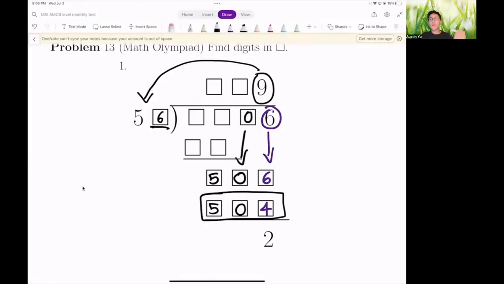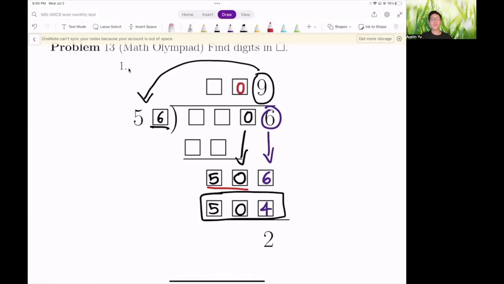But remember, when we pull down something, we immediately have to divide it by the divisor again. But since you see here, 50 is smaller than 56, which means that when we pull it down and divide it, nothing goes in. There is not a single multiple of 56 that can go into 50, which means that the number on the top must also be 0.